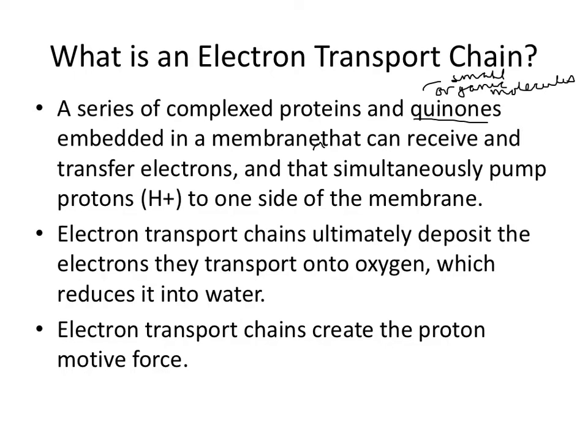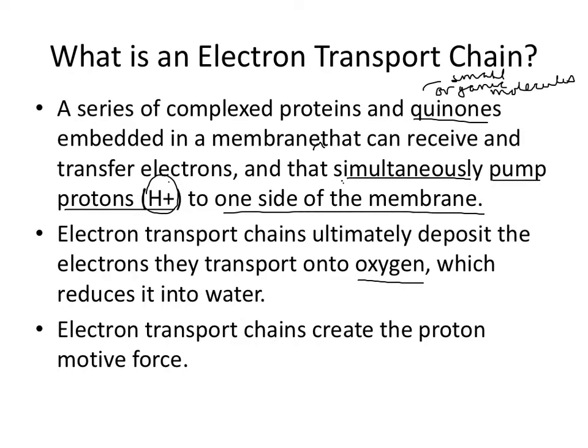Anyway, the electron transport chain is able to receive and transfer electrons and at the same time simultaneously pump protons, or H+, to one side of the membrane. Electron transport chains ultimately deposit the electrons that they transport onto oxygen.